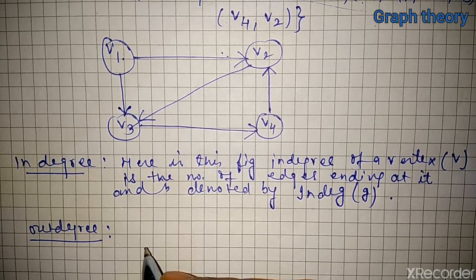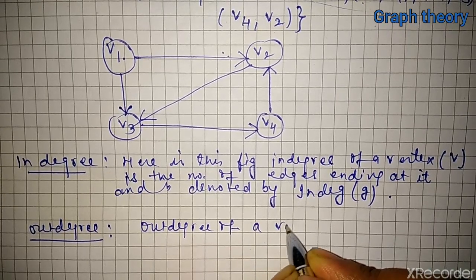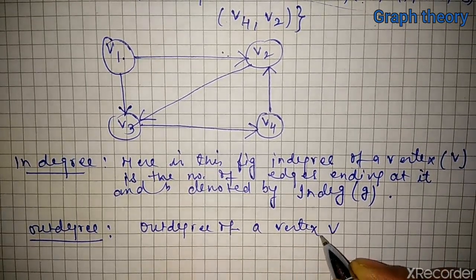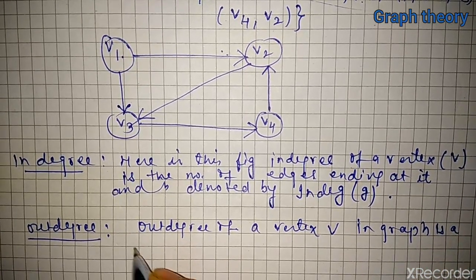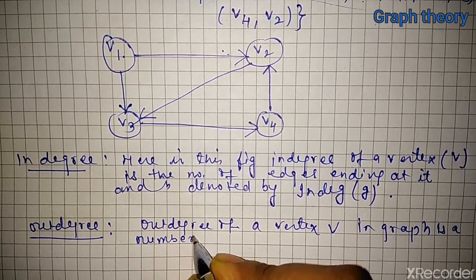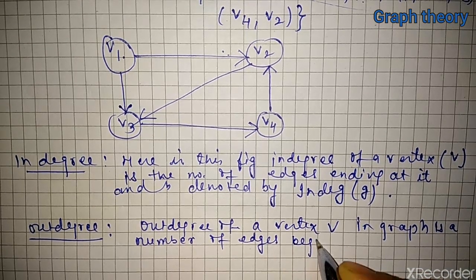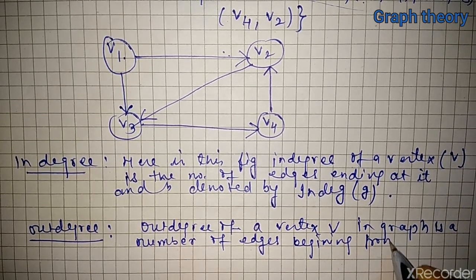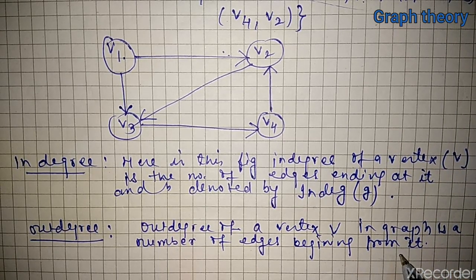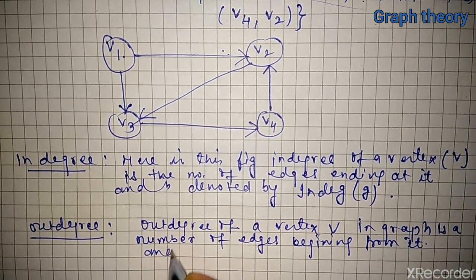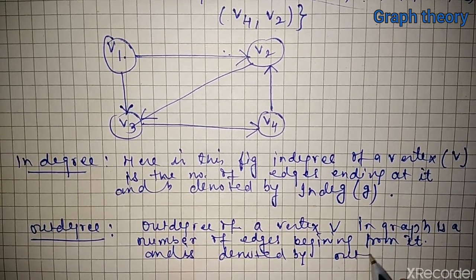The out degree of a vertex V in a graph is the number of edges beginning from it, and is denoted by outdeg.